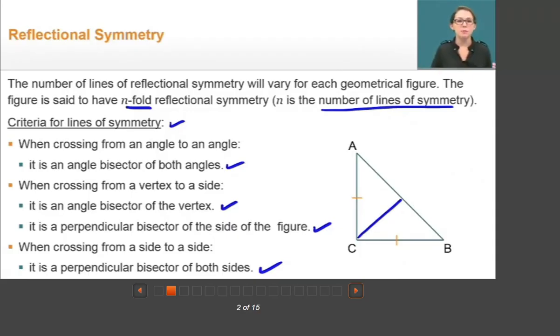We can imagine folding the triangle across this line and getting a mirror image on either side, and we see that angle C is bisected. We can again imagine folding the triangle across this line to show symmetry. So this triangle has one-fold reflectional symmetry.